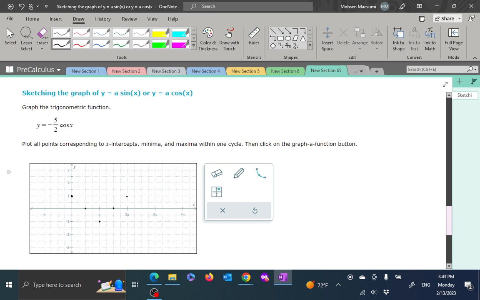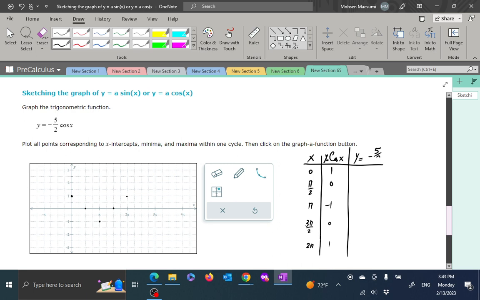If you want to remind yourself of the table, exactly what we wrote up there: x goes 0, pi over 2, pi, 3 pi over 2, 2 pi. So cosine of x is 1, 0, minus 1, 0, and 1. When you are dealing with minus 5/2 cosine of x, you're just multiplying all of these values by minus 5/2.